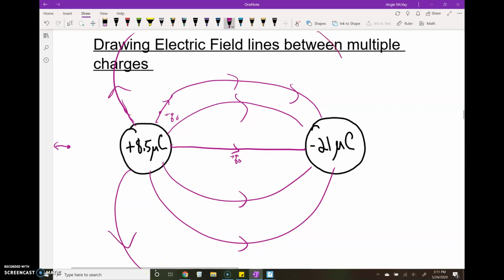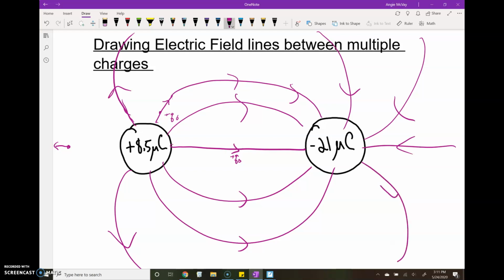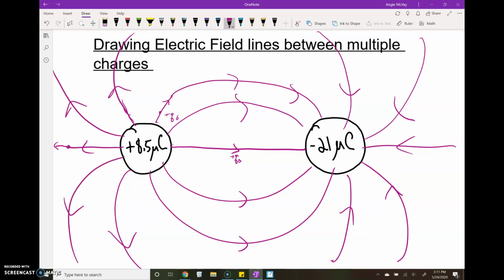Those come back around and come back in. This would just be attracted, and then you'll end up with little swoopties, like so. Now I've drawn this fairly symmetrically.